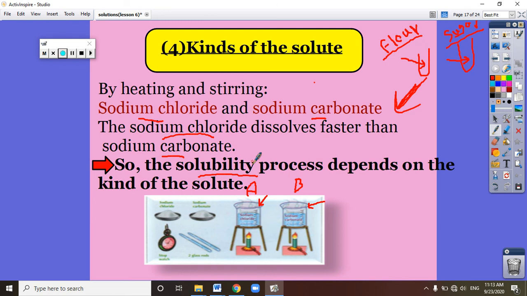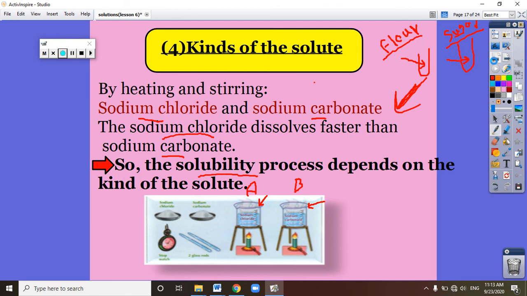It's different from one solute to the other. So the solubility process depends on the kind of the solute. When they ask you, give a reason for sodium chloride dissolving faster than sodium carbonate, the answer will be because the solubility process depends on the kind of the solute.